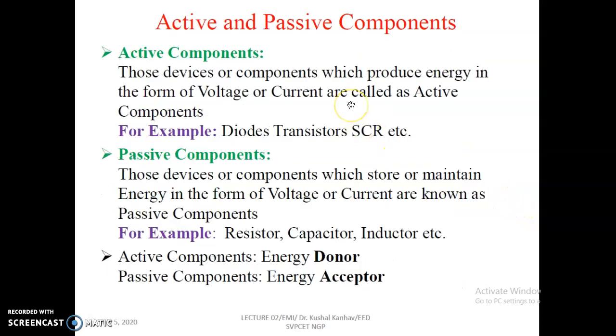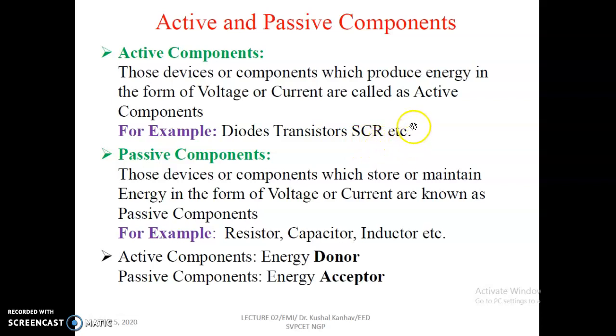If we move further, then we can have some differences between active and passive components. One of the differences: the devices or components which produce energy in the form of voltage or current are called active components. For example, diodes, transistors, SCR. SCR stands for silicon controlled rectifier.